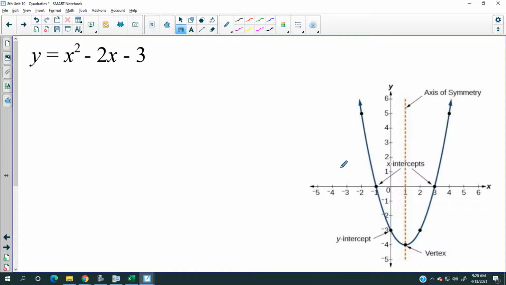Now, review first, okay? The x-intercepts. So let's get that out of the way too, because I want to use this as a review at the same time. X-intercepts, meaning where the line crosses the x-axis. That's the x-intercept. We have another word for it. We call them the zeros.